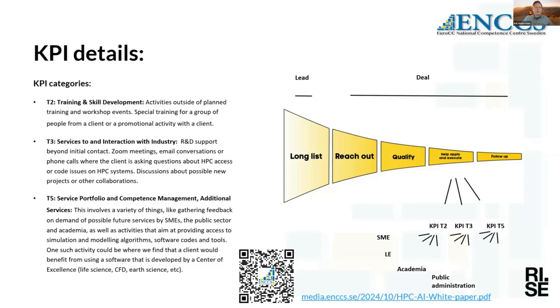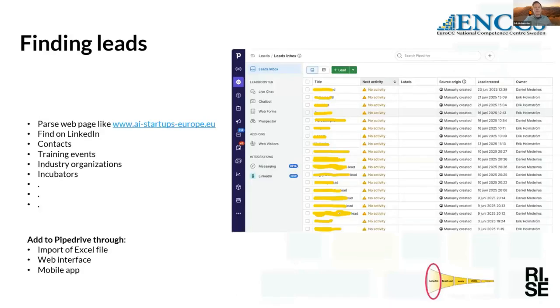So what we did then is we used a program called Pipedrive that does this for us. And Pipedrive is a web-based program, and it also has a mobile app that you will see later. And it's very easy to add companies on the list of leads.